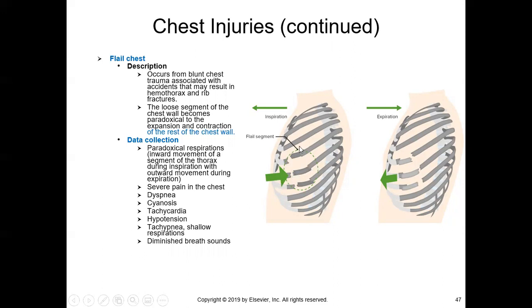Because of the fracture, during inspiration the flail segment goes inside the lungs, and during expiration the broken part is bulging outside.